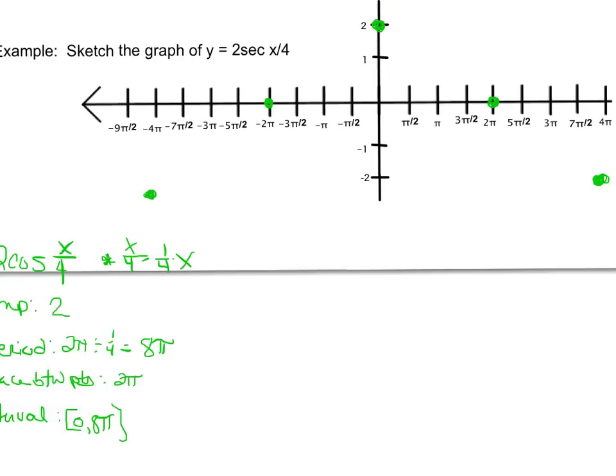From here I could either draw in my cosine curve, like I did in the last one, or if I don't want to draw my curve in, and it does not matter to me which you prefer, I could simply use the 0s as guidance to draw in my asymptotes, and then use these points as the maximums and minimums of the parabolas that I'm putting inside each of these asymptotes.